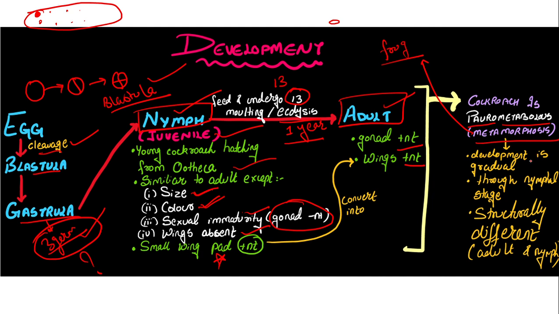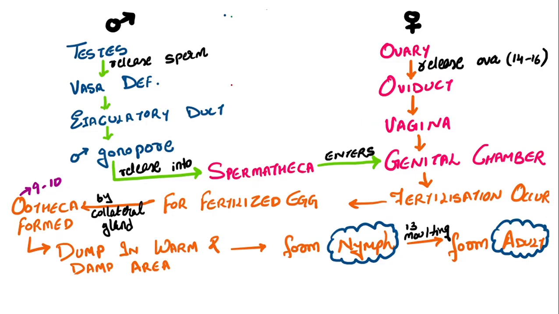So what is paurometabolous? It is nothing but gradual development. That means slowly development takes place. ऐसा नहीं होता है कि egg hatch किया and there will be the formation of adult cockroach. No, there will be the formation of nymph, which is different from the adult. It takes 13 molting. That means 1 year of time for nymph to become adult. Right, through the nymphal stage this process takes place, and structurally nymph and adult will be different.